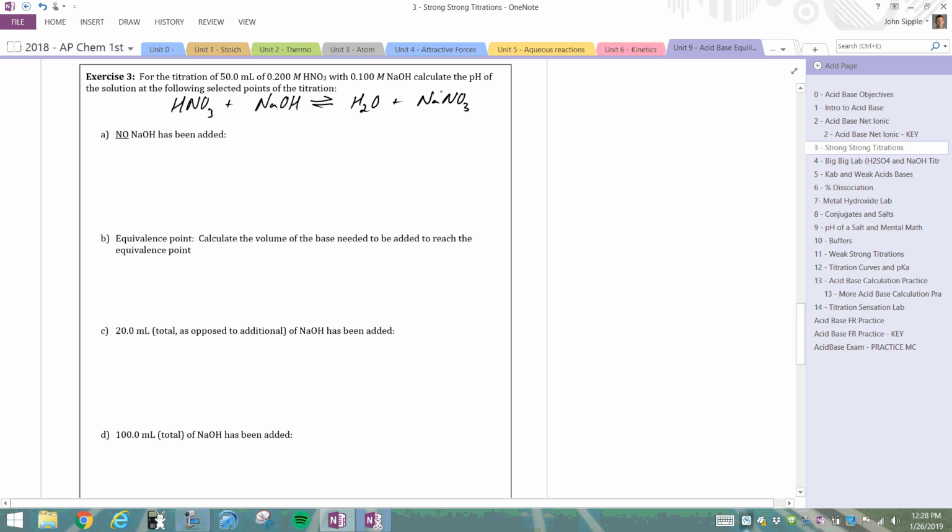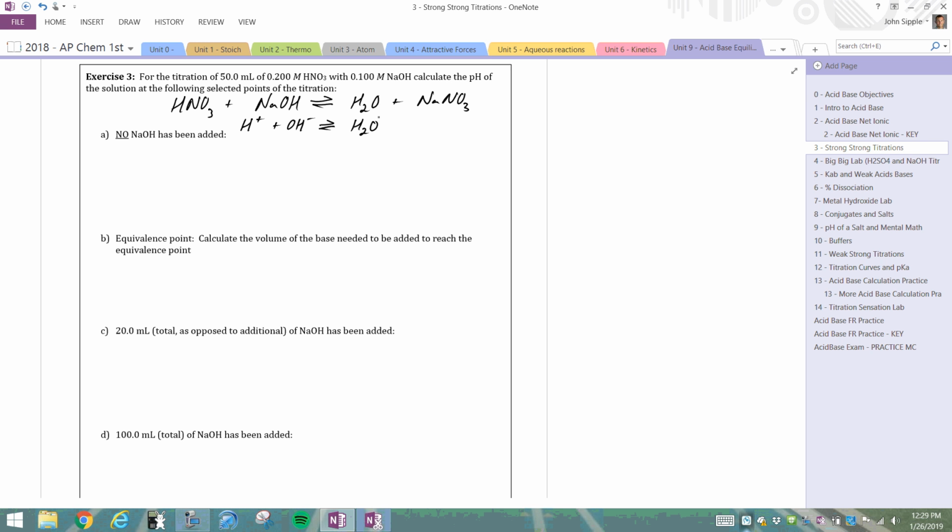So it's a 1-to-1 ratio here. If we were to write this out as a net ionic equation, it would be H+ and OH- going to H2O. Strong to strong titration here, 1-to-1 ratio. So this will be a fun little ice table to make when we have to do that.